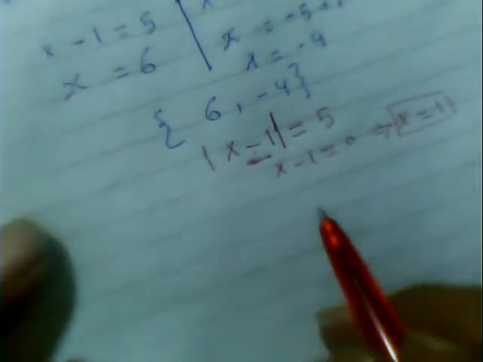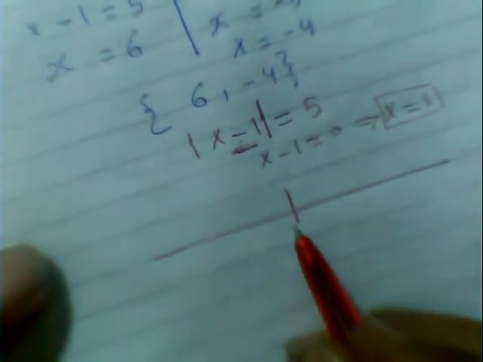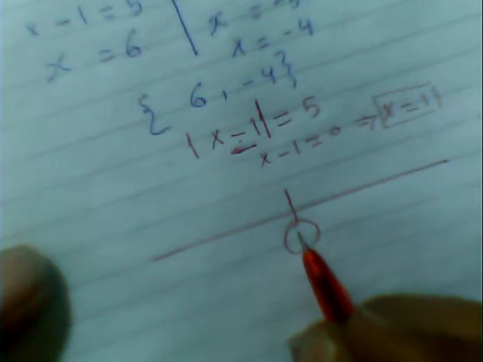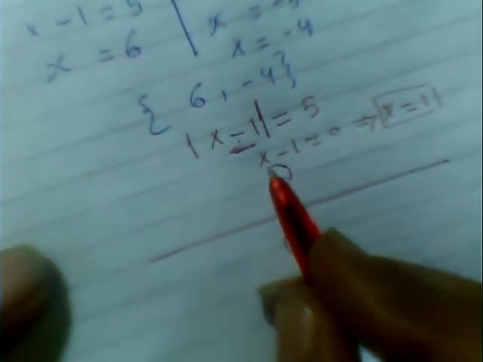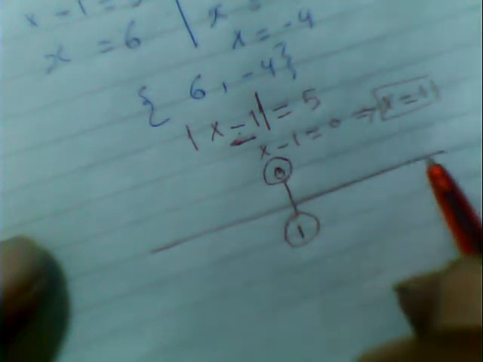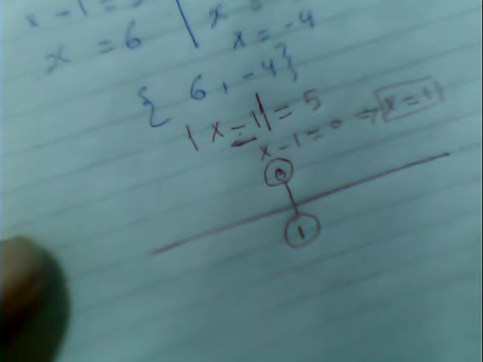Then we can draw a line and we put here the zero of the modulus, value equal 0. Then we have two sides, the positive right hand side and the left hand side.